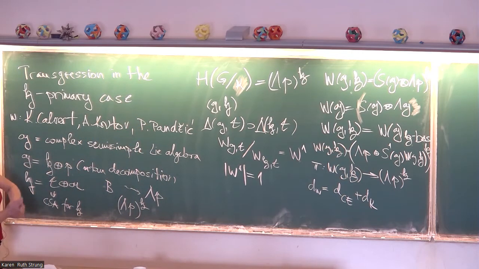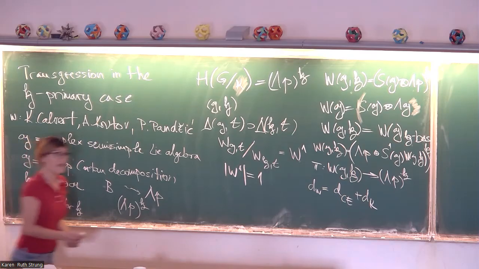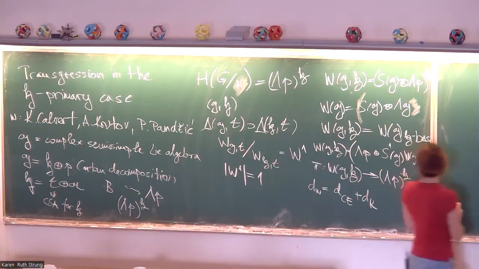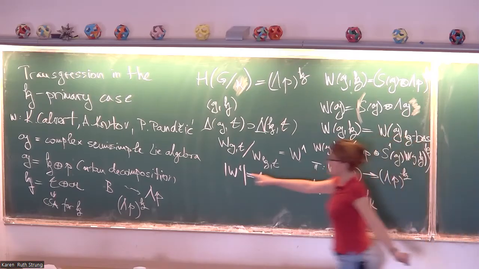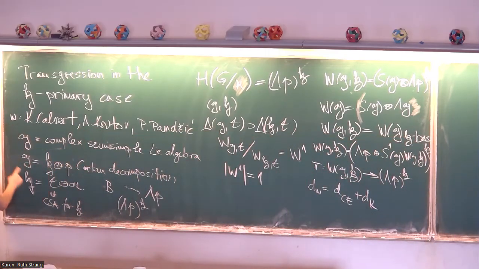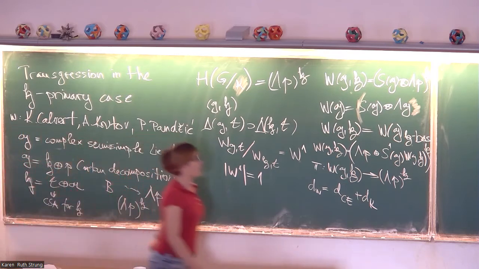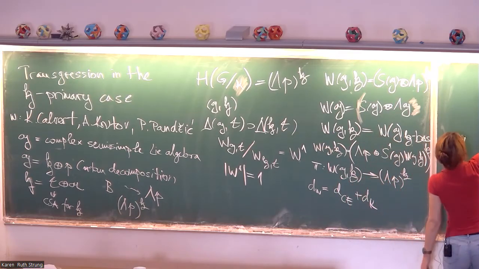So finally, let's get that domain of the transgression. Now, since we have this orthogonal decomposition, we have this orthogonal projection from G to K that induces some projection in the symmetric algebras.